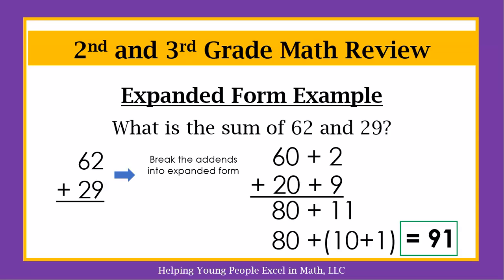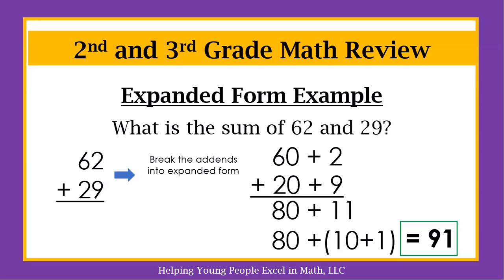Putting 11 in expanded form, that will be 10 plus 1. I add that 10 with 80, that will make it 90, and then I have plus 1. 80 plus 10 is 90, plus 1 is equal to 91. And that is how you use the expanded form strategy.